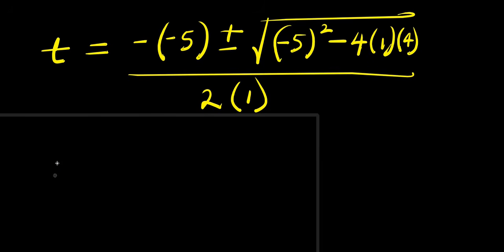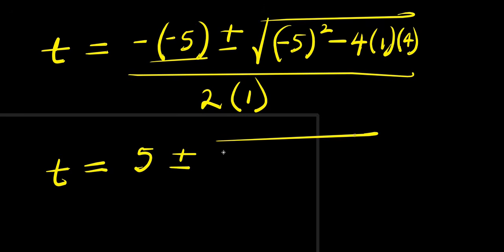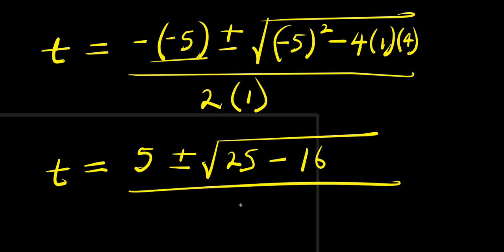So from here, t equals 5 plus or minus square root of 25 minus 16, divided by 2.